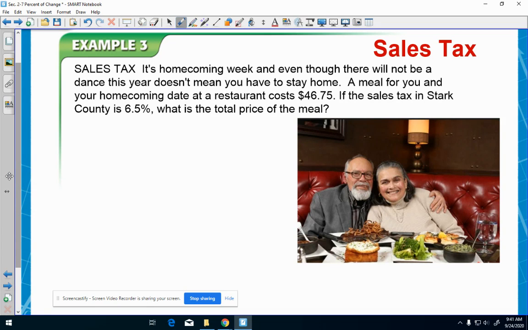But in Stark County, we have sales tax. Okay. 6.5%. In a restaurant, it is. So my question to you is, what's the price of your meal going to be? You think you already have it? Okay. So take a second. Okay. So remember, though, money is only 2 decimal places.